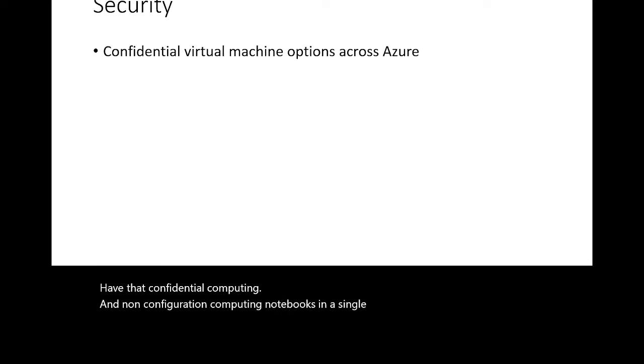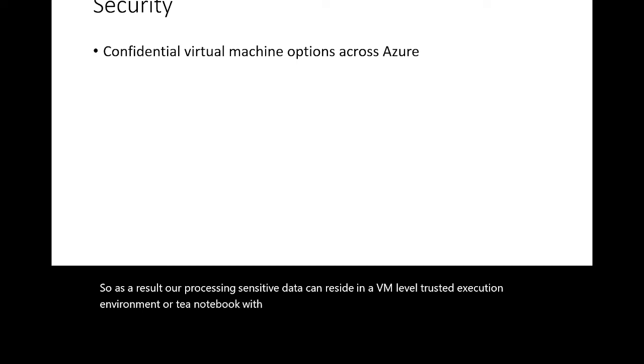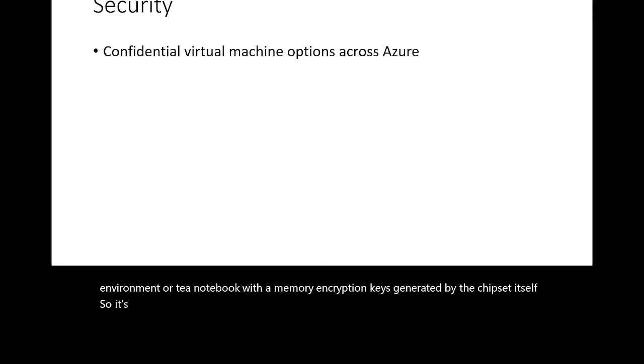So not every workload may need that, and you can have that combination. As a result, apps processing sensitive data can reside in a VM-level trusted execution environment, or TEE, node pool with memory encryption keys generated by the chipset itself. So it's a hardware-based model.